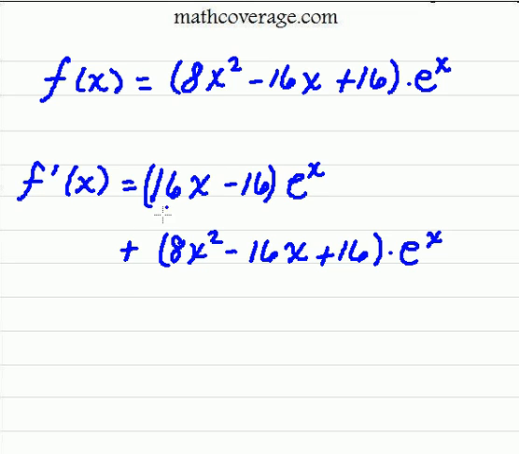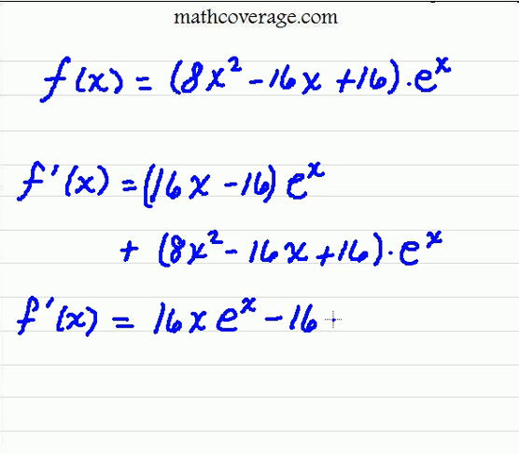All right, now what we could do here is simplify this, and I'm going to distribute this e to the x across. So we have f prime of x is equal to, so distributing the e to the x across, we have 16x e to the x minus 16 e to the x, and then we want to distribute the e to the x across, plus 8x squared e to the x.